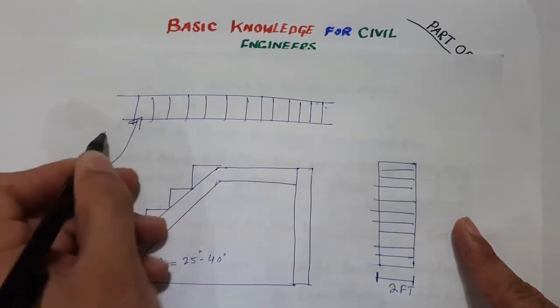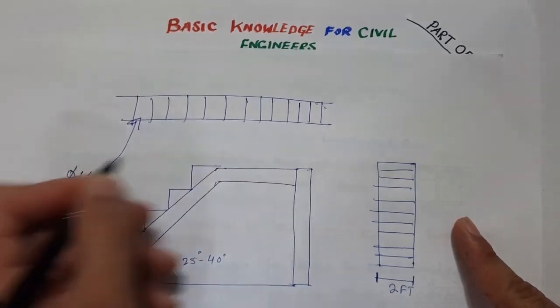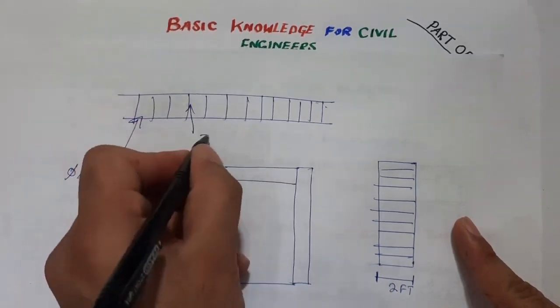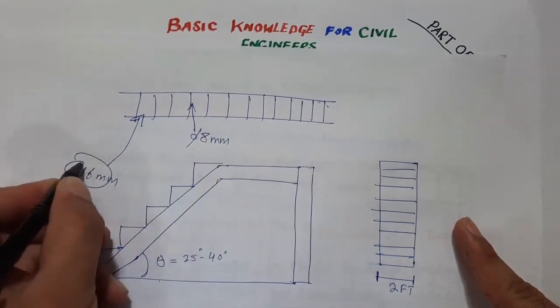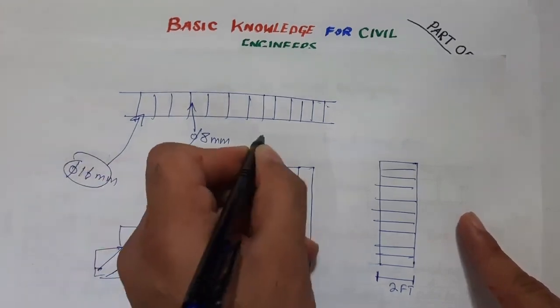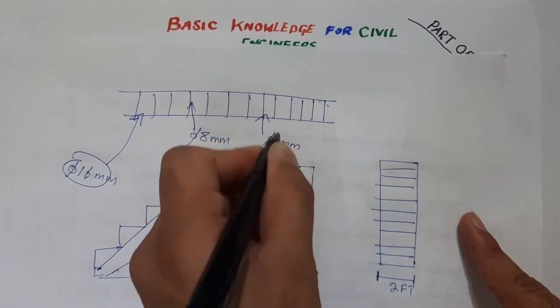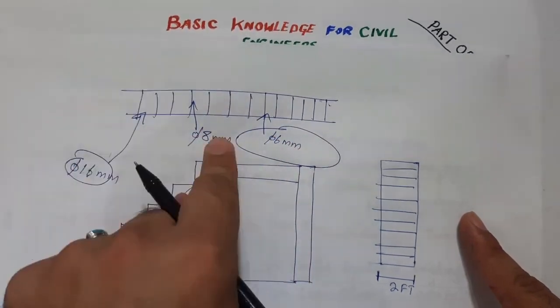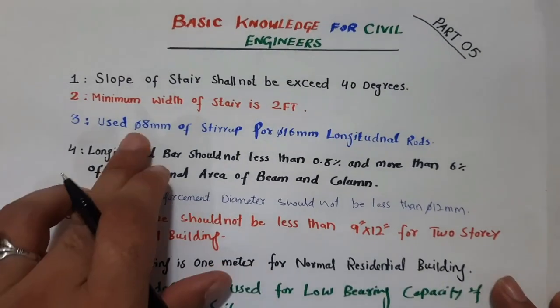If the longitudinal bars are 16 mm, then the stirrup dia should not be less than 8 mm. If this dia is 12 mm or 14 mm, you can use 6 mm. But in the case of 16 mm longitudinal bars, in a column or beam, the stirrup dia should not be less than 8 mm.